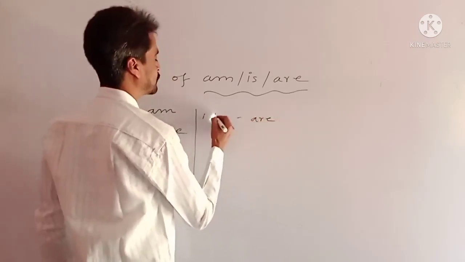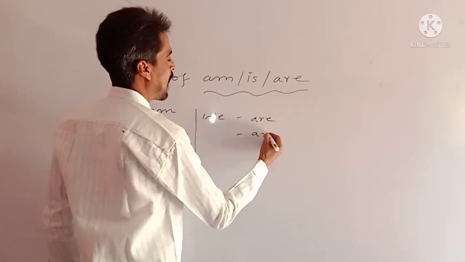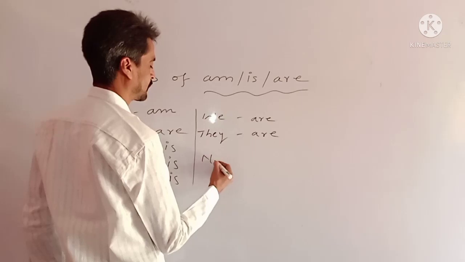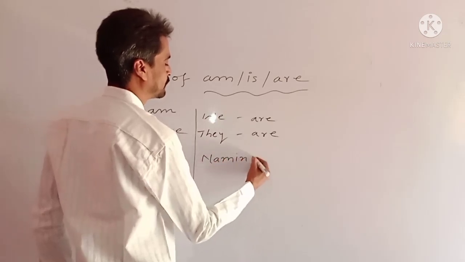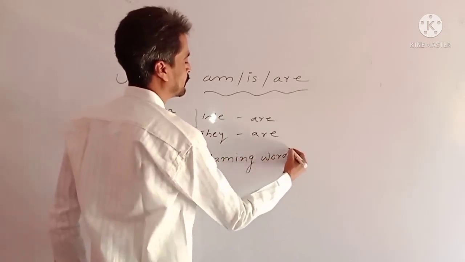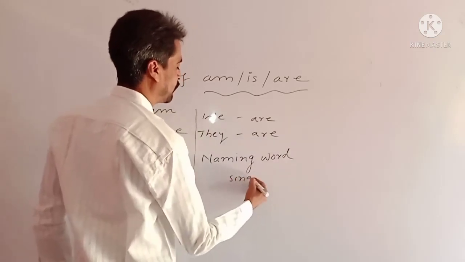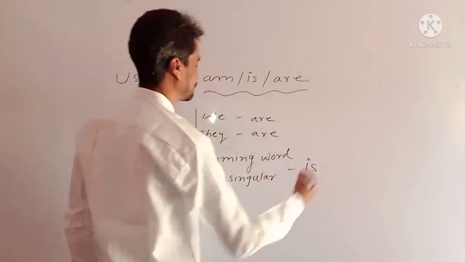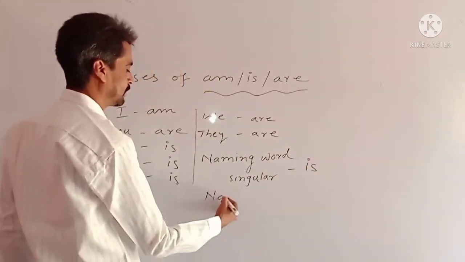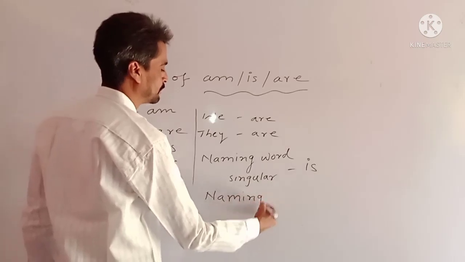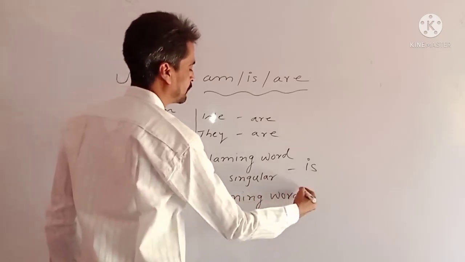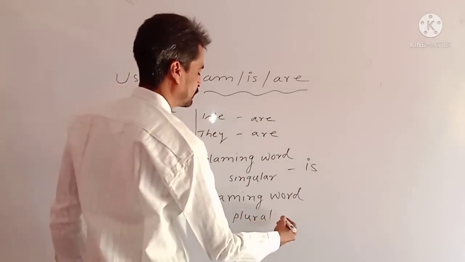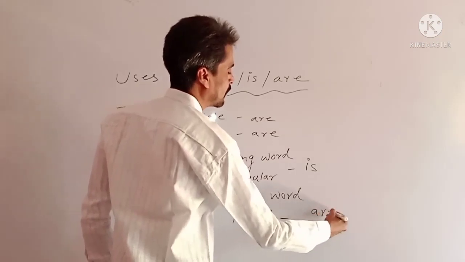Are is used with we, are is used with they. Naming word in singular form, we use is. Naming word in plural form, we use are.